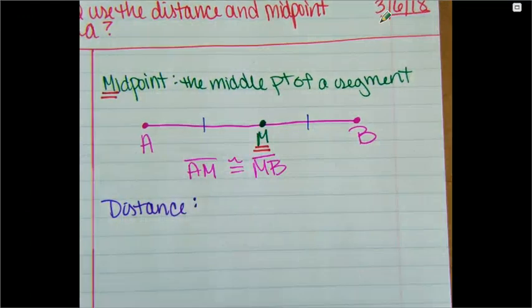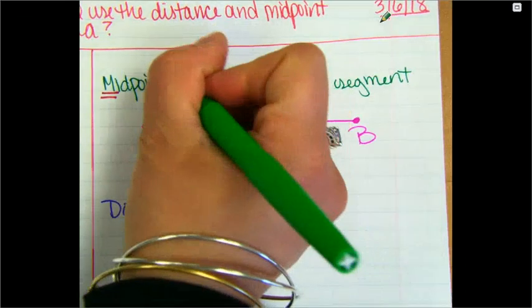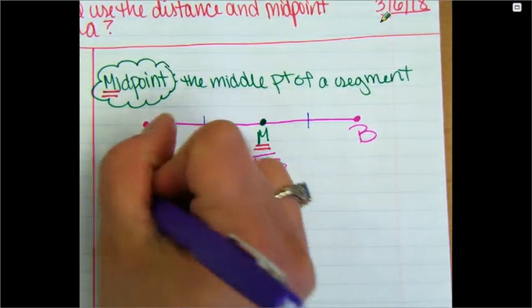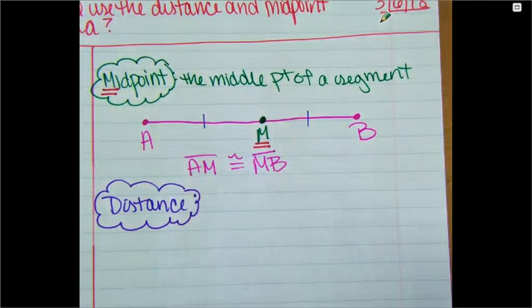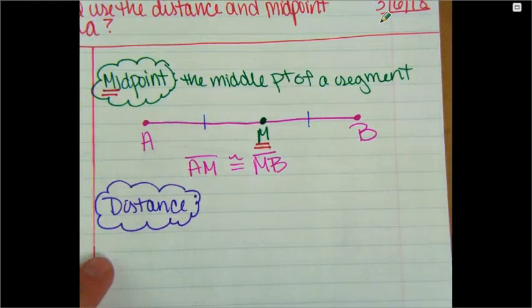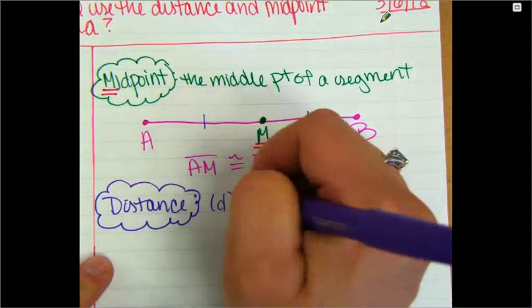What does it mean to be distance? If I ask you what distance did you travel, what am I asking? How far did you go? So if I'm talking distance of a segment, what do you think I'm asking? How long it is, right? So midpoint is capital M, distance is lowercase d. Just so you know.